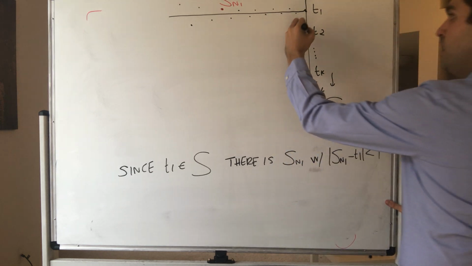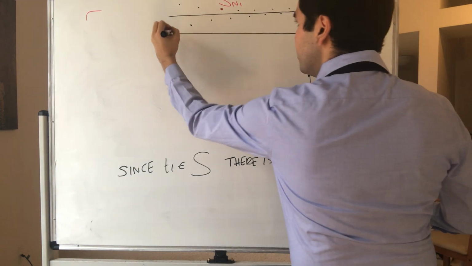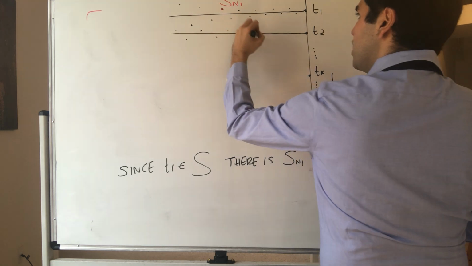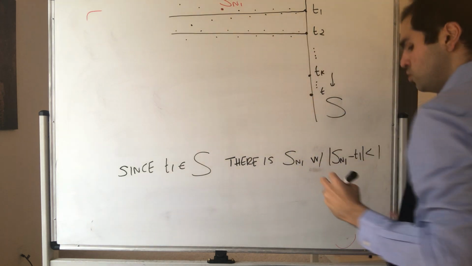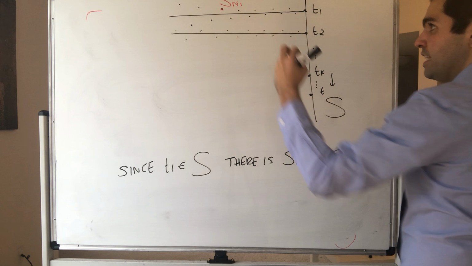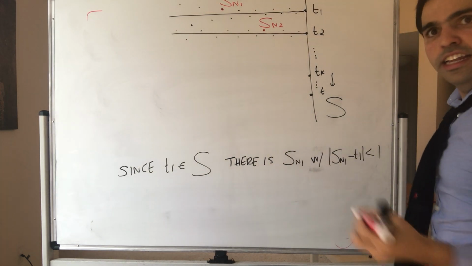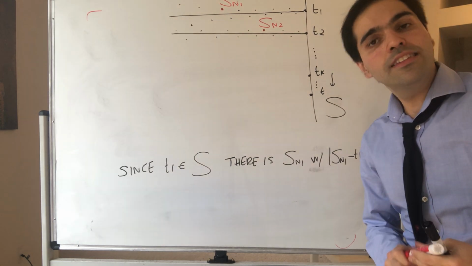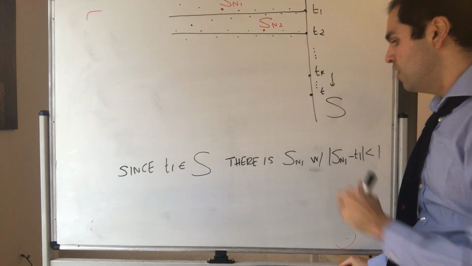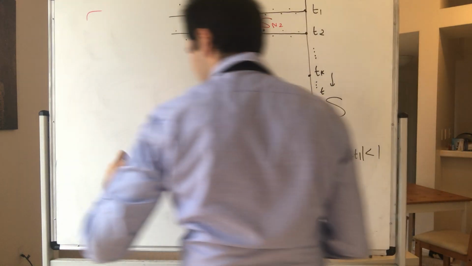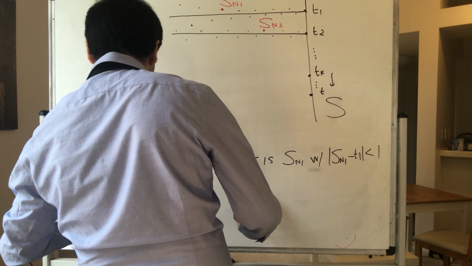But then you can continue. You see, T2 is a limit point. So there's a subsequence converging to T2. Meaning there's another term, let's call it Sn2, that is even closer, let's say at most 1/2 away from T2.